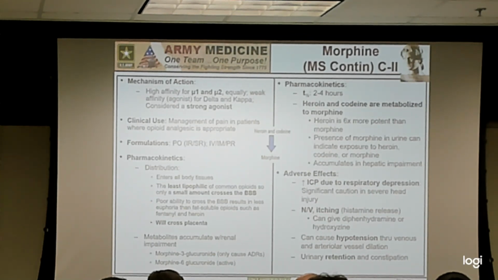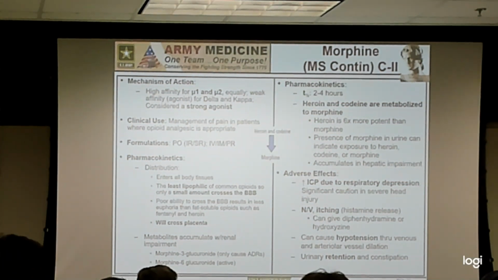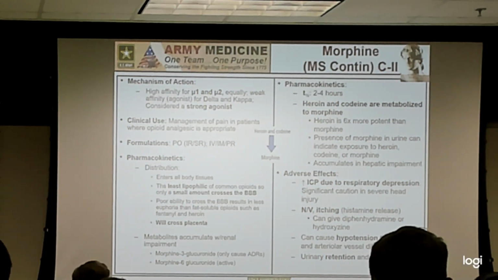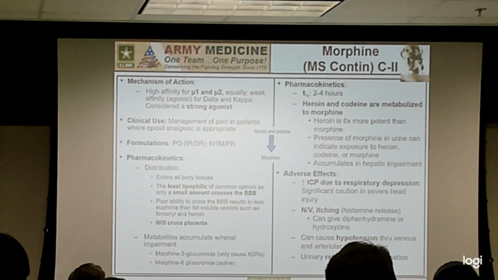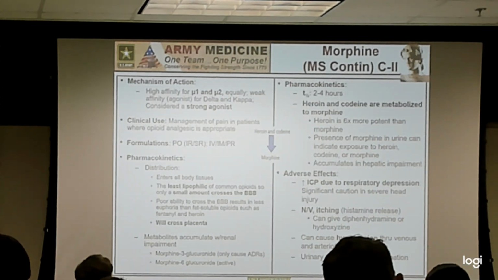You can also get that hypotension with this medication, so just watching out for that, and your urinary retention and your constipation due to the fact that those mu receptors are in the GI area. Go ahead. Well, let me tell you one more thing about this real quick before we do our break. Morphine is kind of like our prototype that we are basing everything off of when you're trying to switch from one opioid to another. So when we start talking about our calculations, you'll have your MMEs or your morphine milligram equivalents.